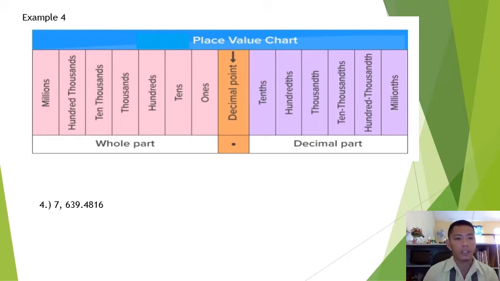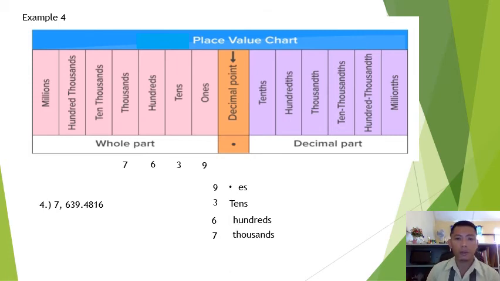Let's start with 9 in ones. The place value of 9 is ones, followed by 3, which is tens. 6, place value is hundreds. 7, place value is thousands. So we're done with the whole number.